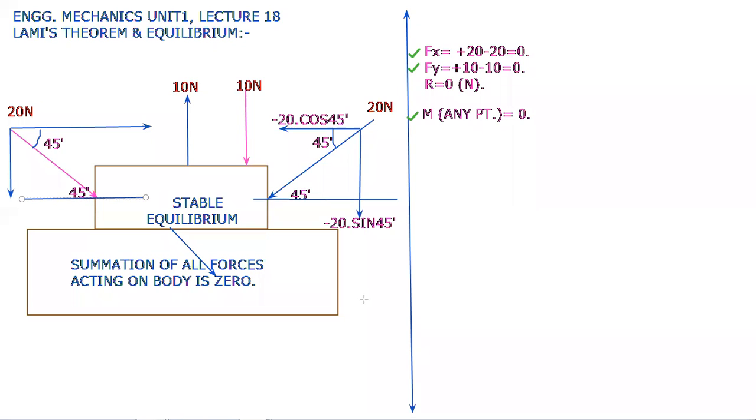This is the horizontal line, and by the property of opposite angles, these two angles are 45 degree, and you are going to resolve this force as plus 20 cos of 45 degree and this one as minus 20 sine of 45 degree.